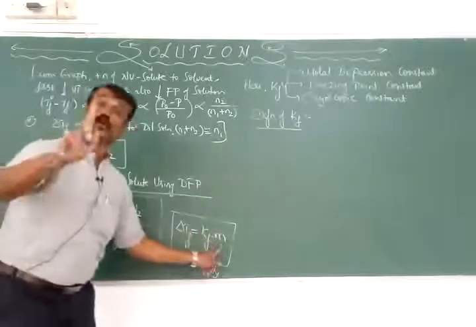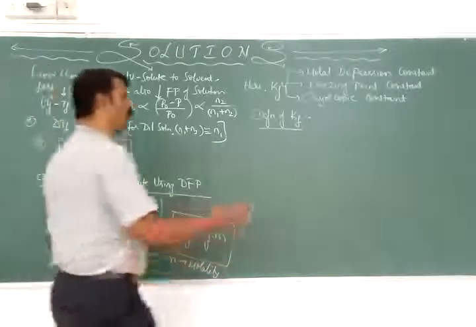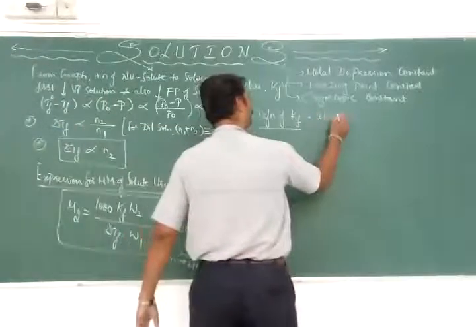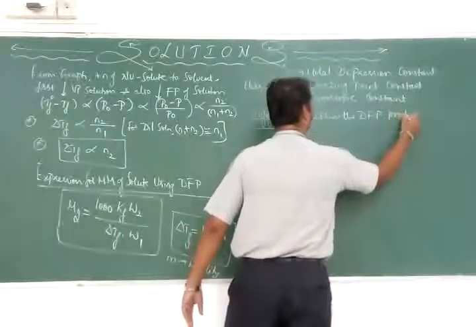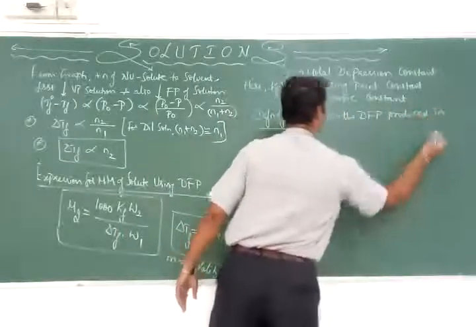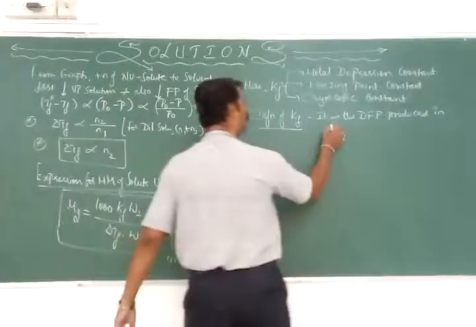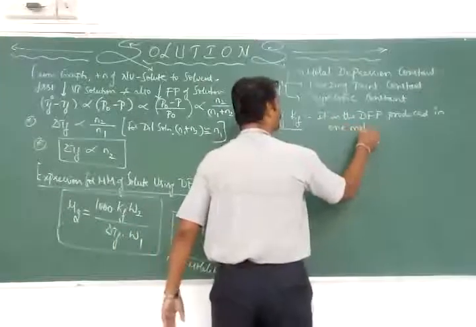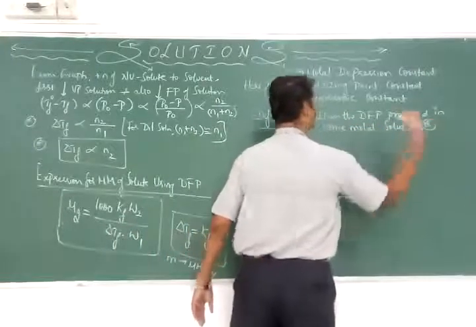If I put m is equal to 1, can I say that Kf is equal to delta Tf? What is that? It is the DFP produced. What is DFP? Depression in the freezing point produced in 1 molal solution.